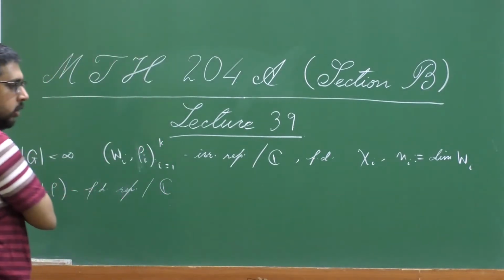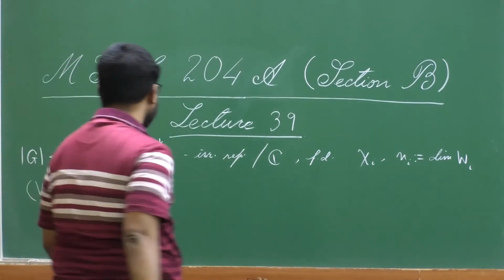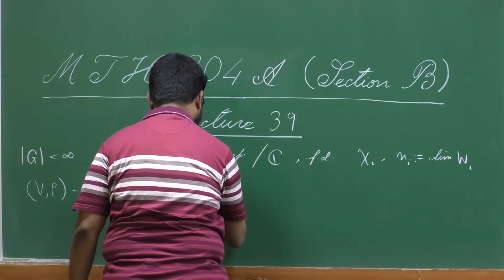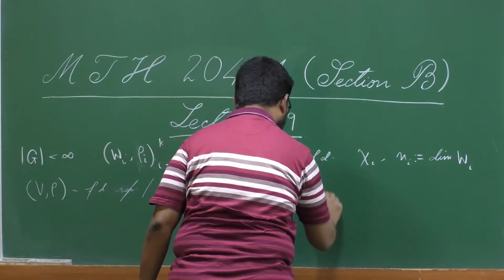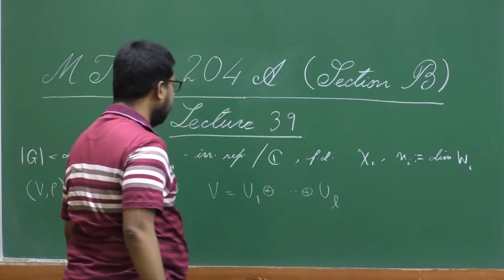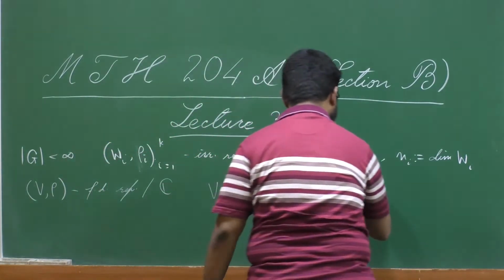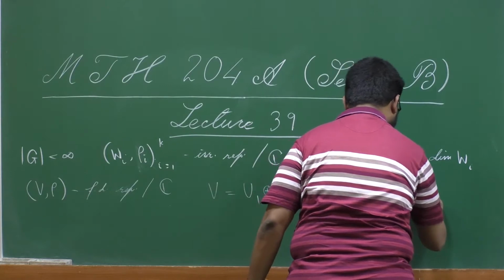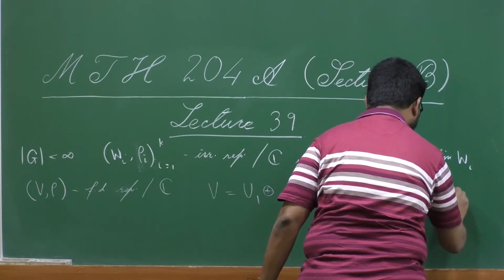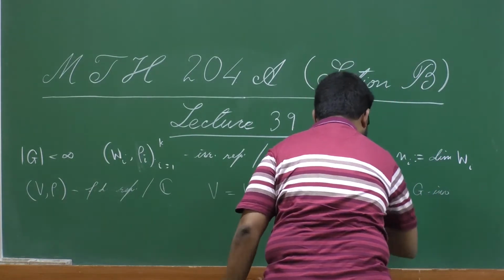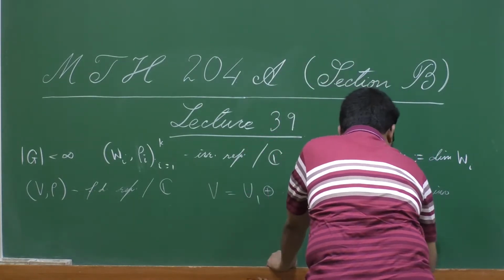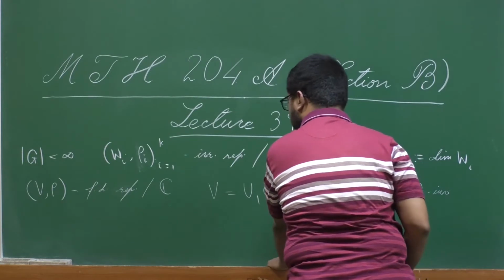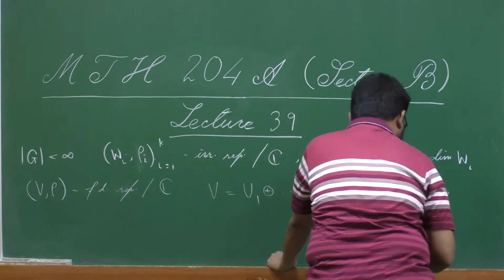Then by Maschke's theorem on complete reducibility, we have that there exist subspaces U_1 up to U_l, each U_i is G-invariant and furthermore irreducible. What it means is that the subrepresentation of rho on this U_i is irreducible.